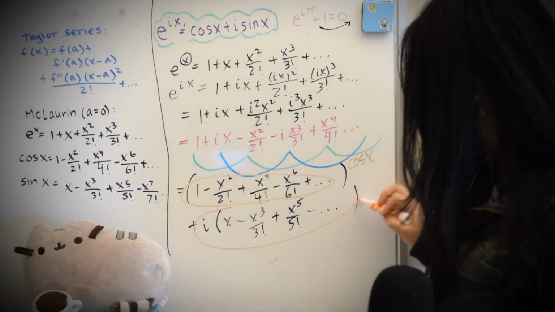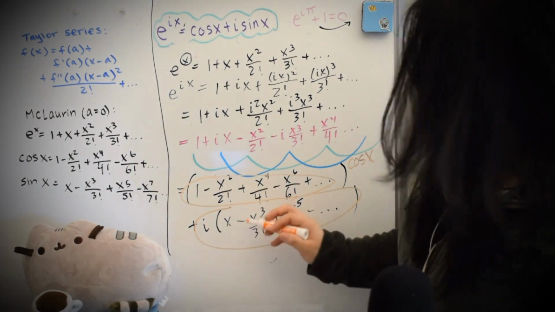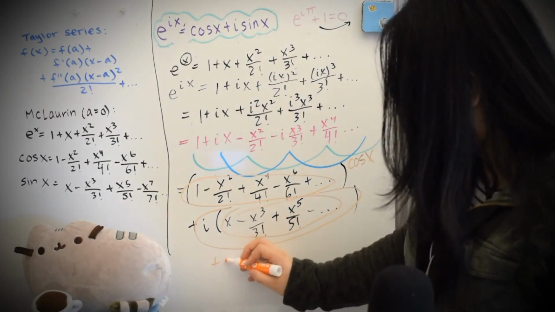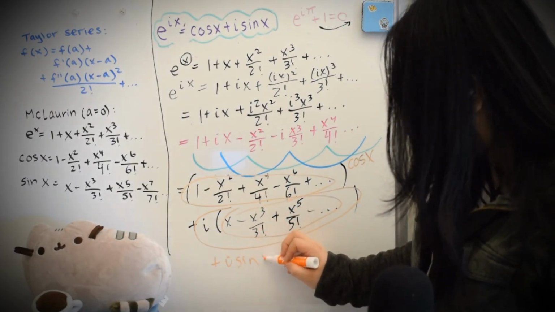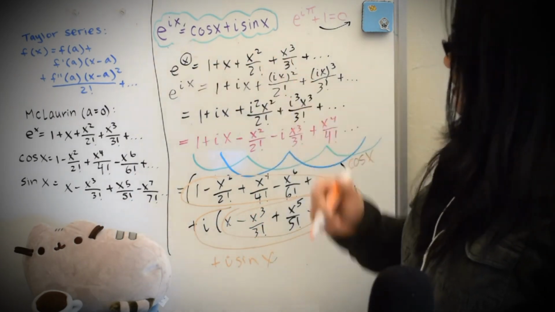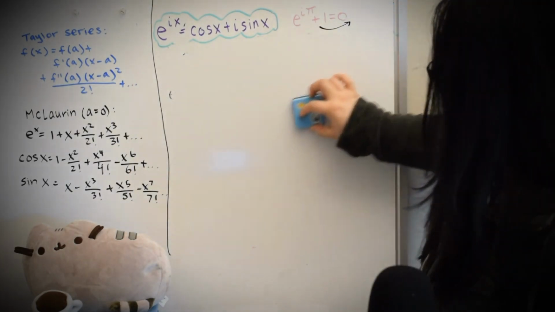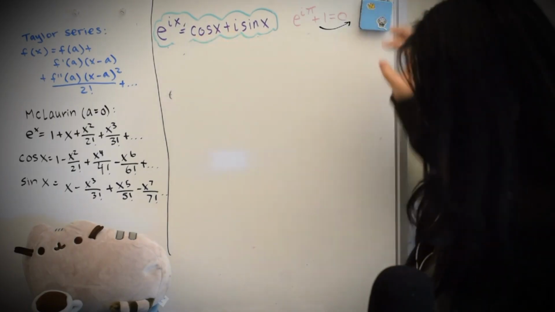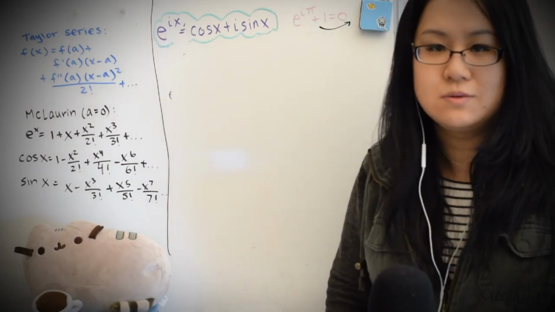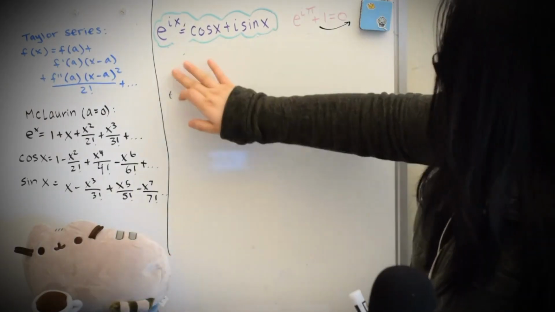And this, we still have our i, but this inside part is sine x, so plus i sine x. So we have cosine x plus i sine x. Ta-da!